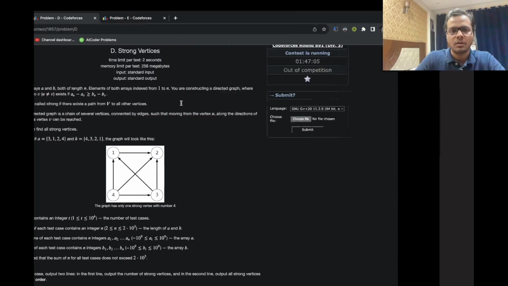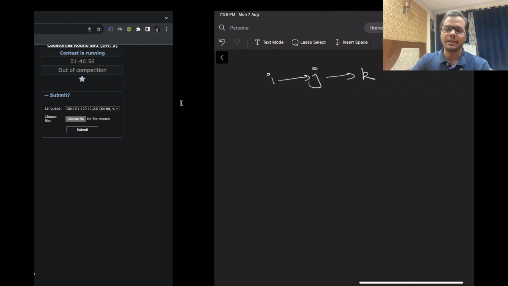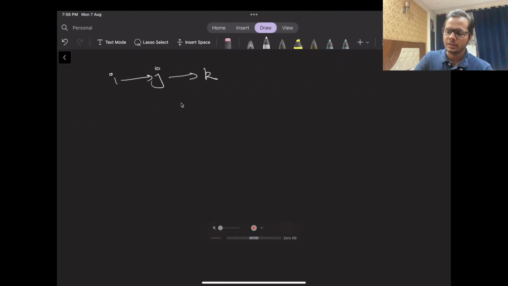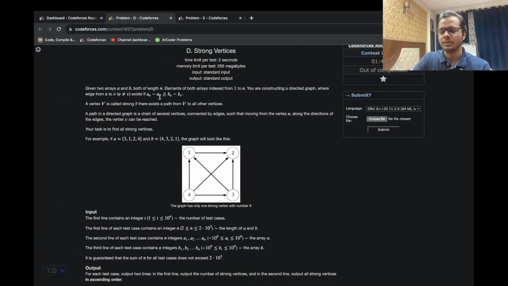This sounds pretty straightforward to me because if there is an edge from i to j and also an edge from j to k, then there is bound to be an edge from i to k as well, because AI minus AJ is some value, and then AJ minus AK is definitely smaller than that. Okay, so this sounds like a good observation.